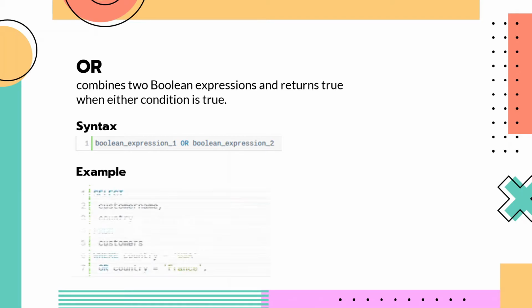From the following, we can see an example of using the OR operator. Select customerName, country from customers where country is USA or country is France. So based on the query, it will return the data if the country is USA or if the country is France.